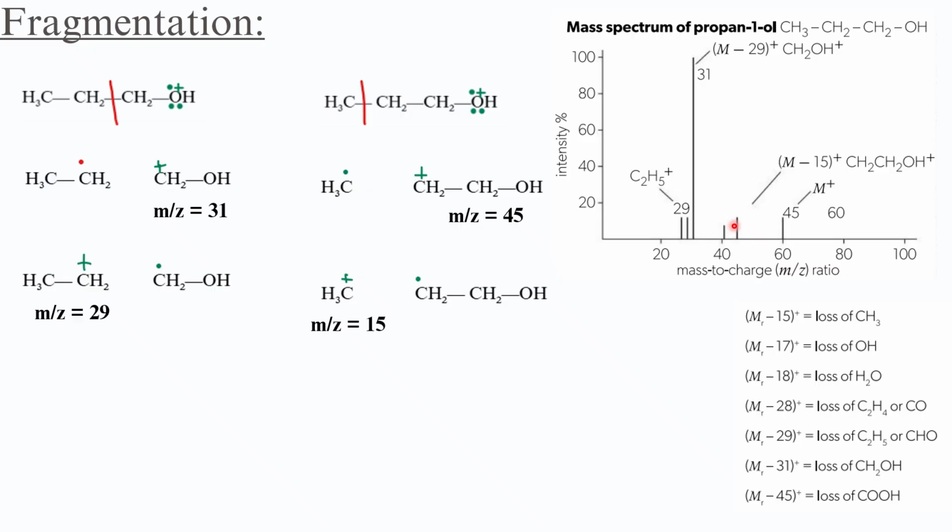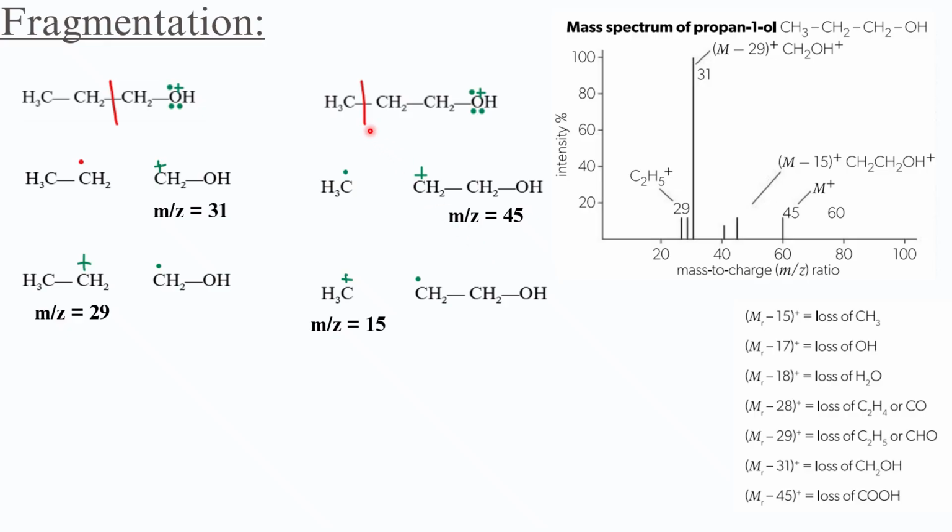The reason is that those radical cations are quite unstable. Since they are quite unstable, we do not show those fragments. But those fragments are still possible because we cannot control the fragmentation in the mass spectrometer. So it happens, but yes, their intensity will be very low in the mass spectrum.